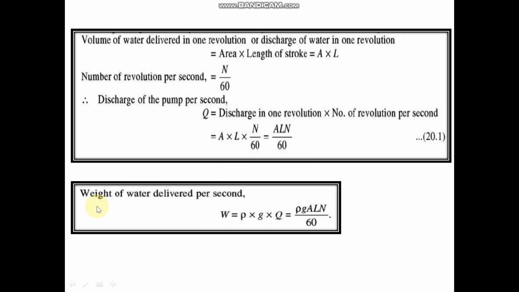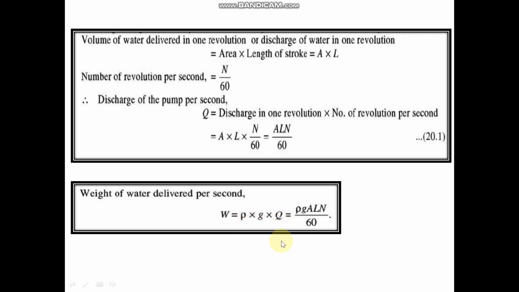Now we are going to see the weight of water delivered per second. Commonly we know that weight is equal to mass into gravity. Here we have to find out weight of water delivered per second, so we have to divide both sides by time. On the left hand side we will be getting weight per second, and on the right hand side we will be getting mass into gravity upon time.